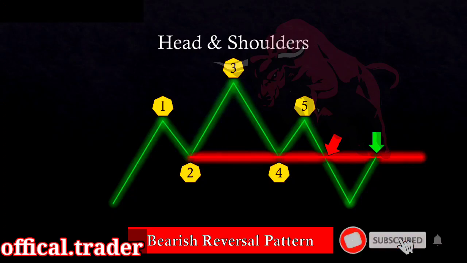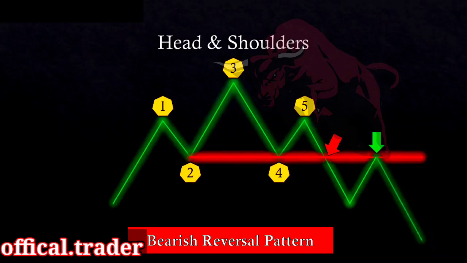For example, if price comes back to the neckline, and as it reaches it, price creates some sort of bearish reversal candlestick pattern, you can think about going short. This is just one example, of course. There are thousands of different things that can happen if price comes back to the neckline to retest it. So in summary, there are mainly two ways of entering a trade using a head and shoulders pattern.